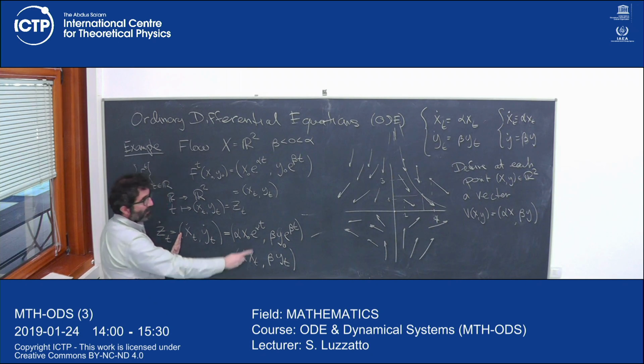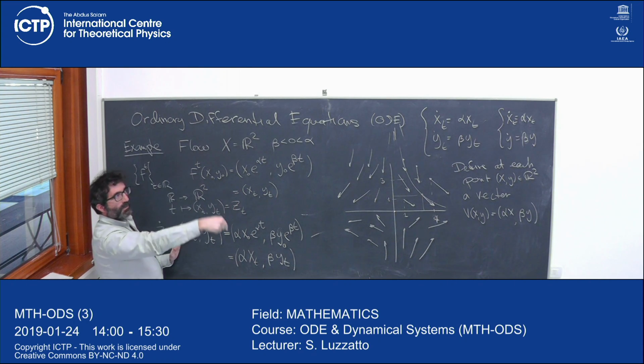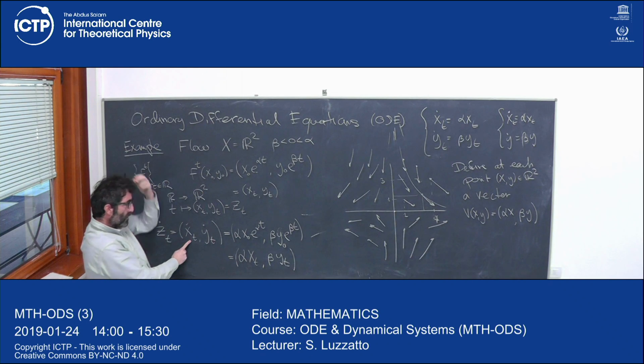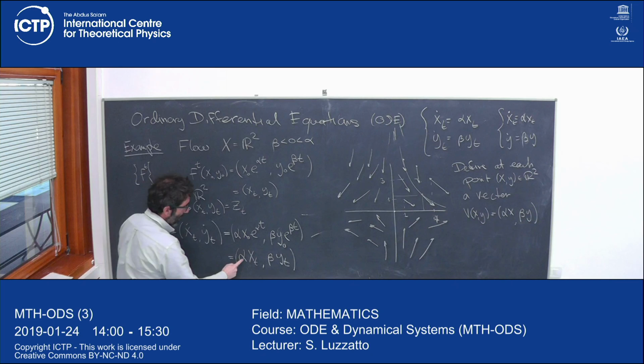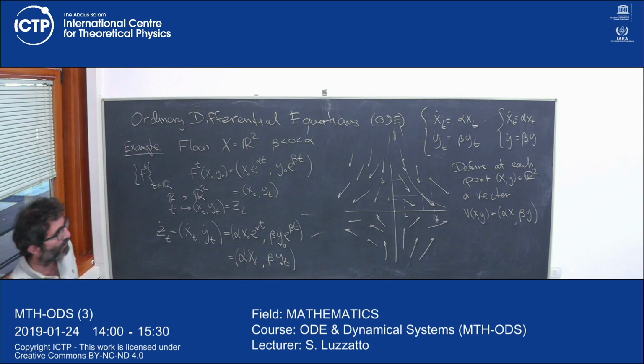This tells you that at each point, the derivative is exactly equal to alpha and beta times the two coordinates of the point.